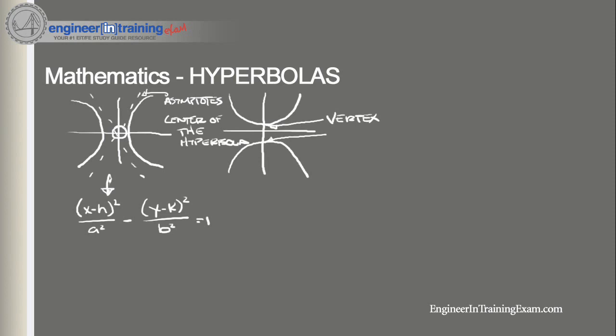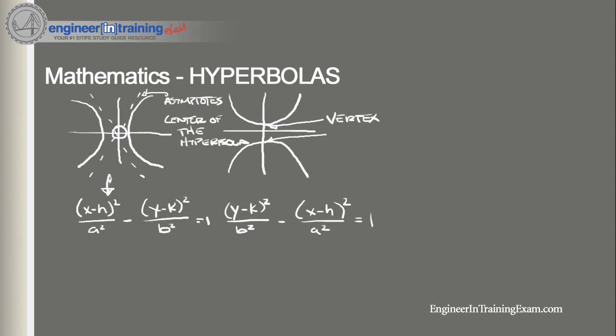Now the hyperbola that opens up and down, its general form is (y minus k) squared divided by b squared, minus (x minus h) squared divided by a squared, is equal to 1.